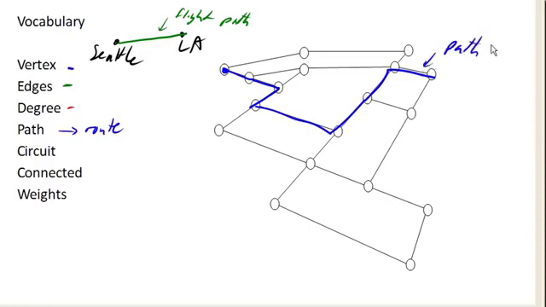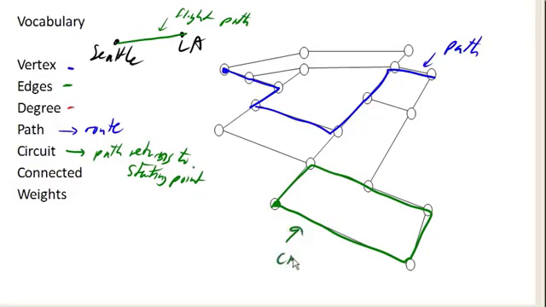A circuit, on the other hand, is a path that returns to the starting point. So the circuit has to be looped around. So if I start here, this would be a circuit.